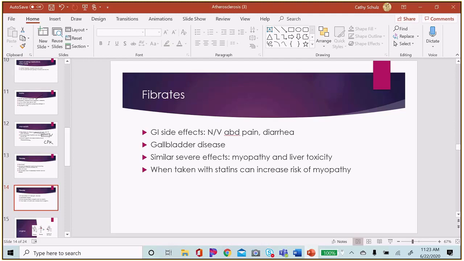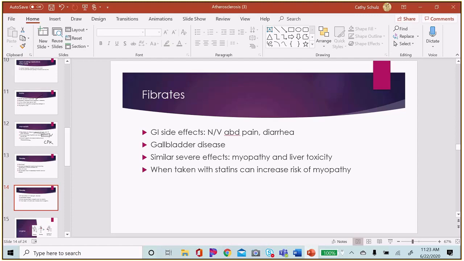So there are other things to worry about. GI side effects, such as nausea, vomiting, abdominal pain. There are similar severe side effects, so we have to worry about myopathy and liver toxicity, which is why gemfibrozil and atorvastatin are not taken together. You either take one or the other.